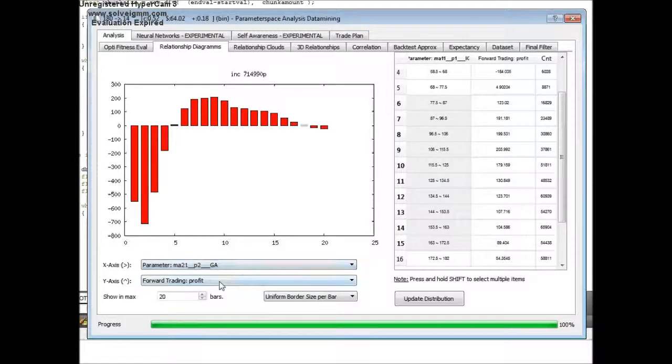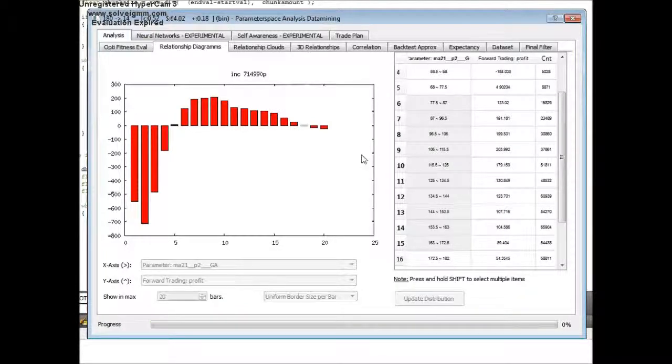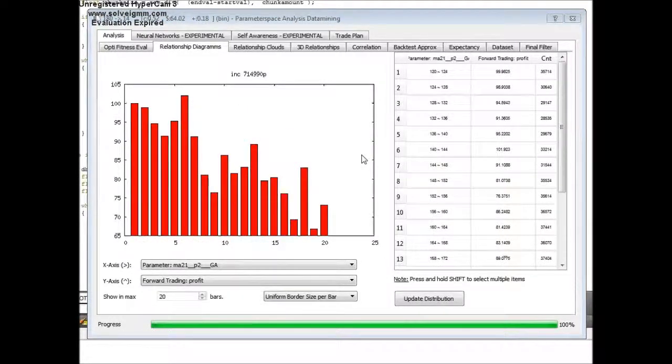So the second one. This is now the slow moving average for the entry cross. And again, it's very simple to see what works best. Oh, and remember, here is a very clear trend, so it's most likely reality if so many data form so clear trends.